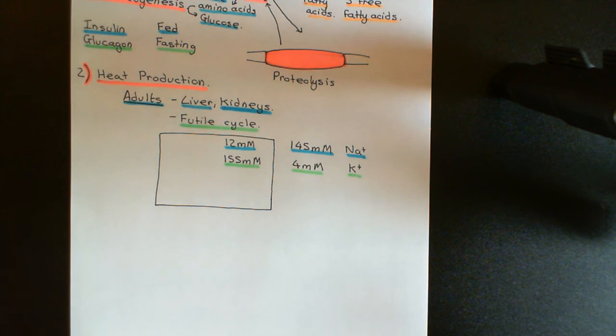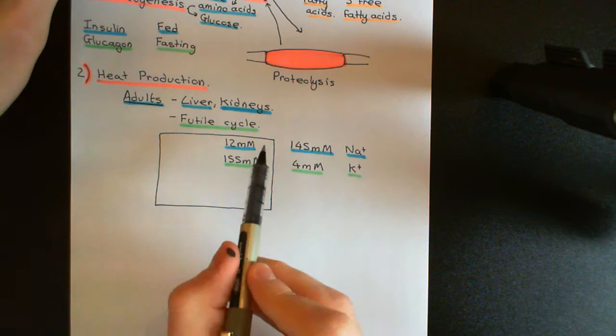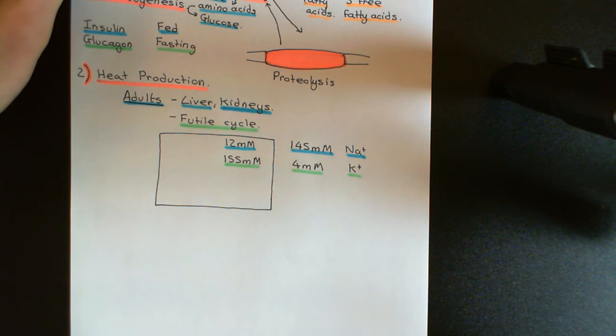Now, what you're going to have in the cell membrane is leaky sodium and leaky potassium channels. These are channels in the membrane that continuously allow sodium ions and potassium ions to move through them. These are not voltage-gated channels; they are open all the time.